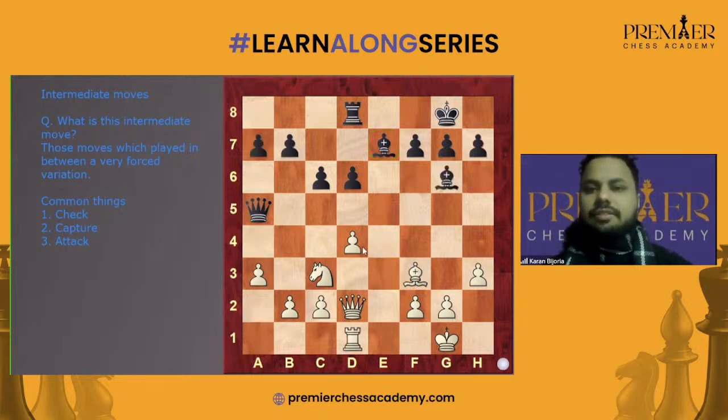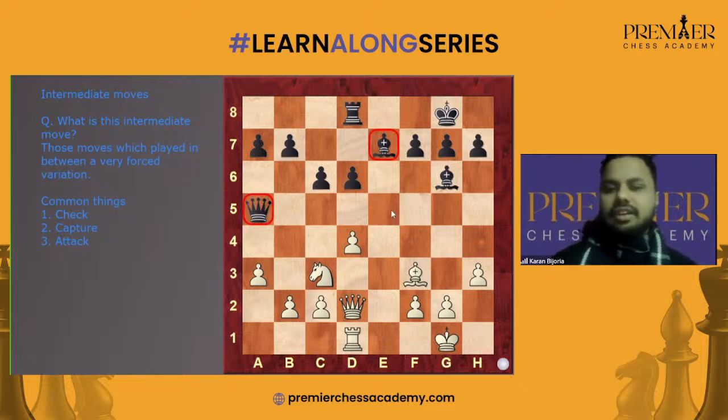Okay, this is a similar position, but with a slight change. If you see very carefully, this is a similar position with a slight change. Again, you can see the queen and the bishop are unprotected. Similarly to the previous position, correct?